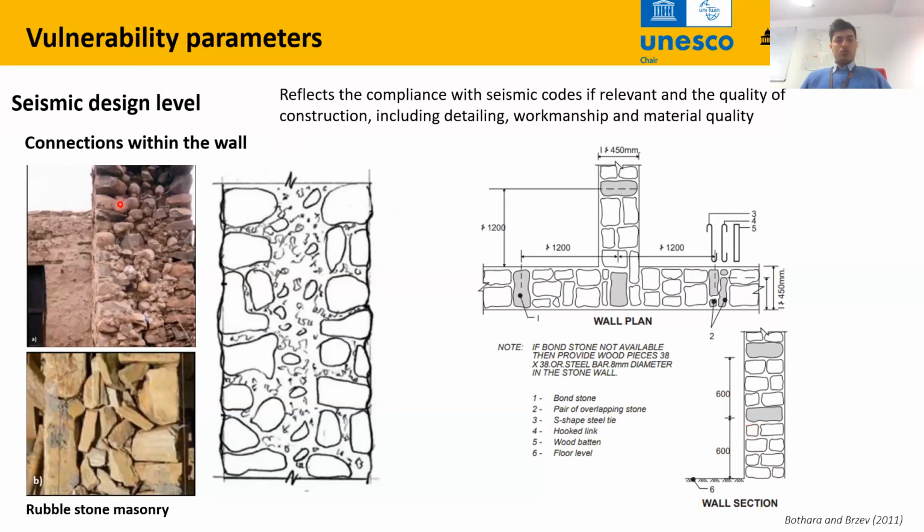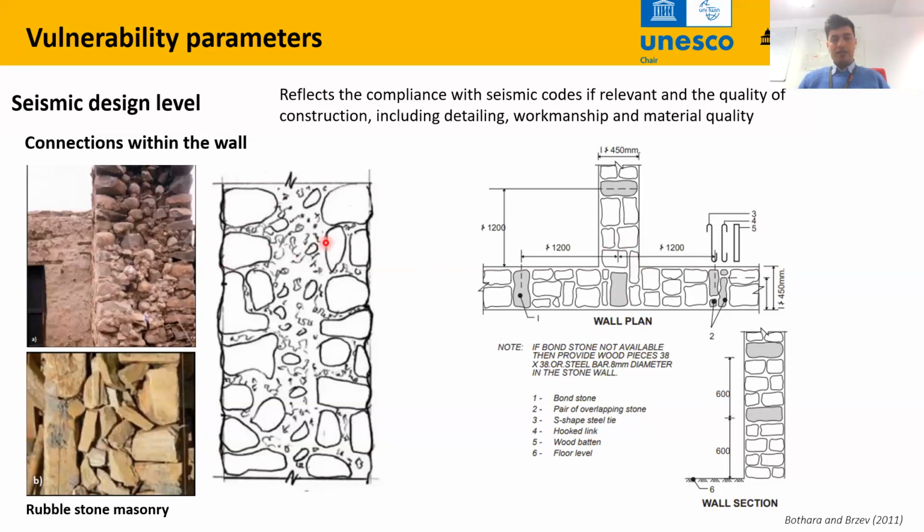So, connections within the wall. For example, traditionally, rubble stone masonry walls are built with larger units on the 2 faces and filling up the void with smaller units, rubbles, or mud. These are traditional practices in the Himalayas.